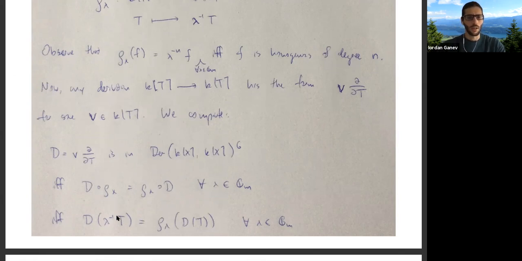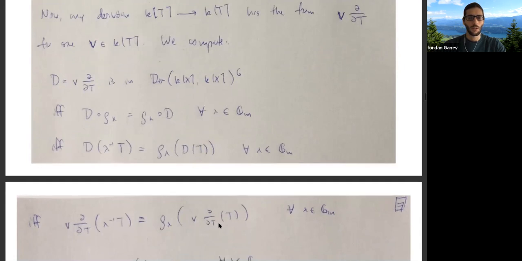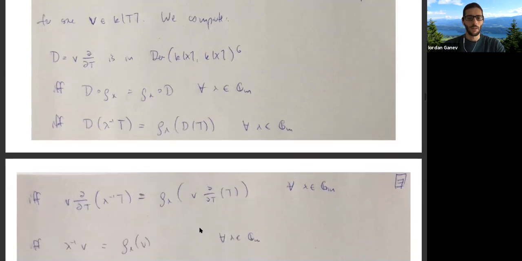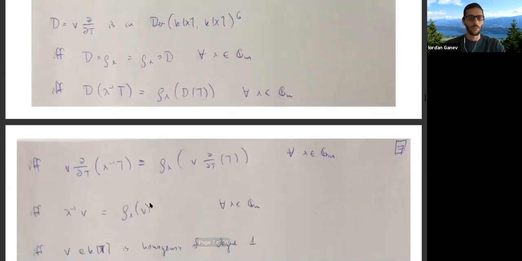What does rho lambda do to t? It just multiplies it by lambda inverse. What does it do to the image of t under this map? Well, the image of t is the derivative of t with respect to t times v. So it's just v.